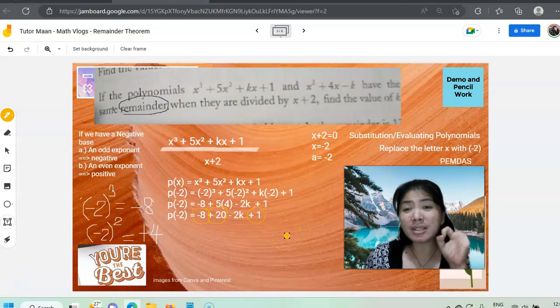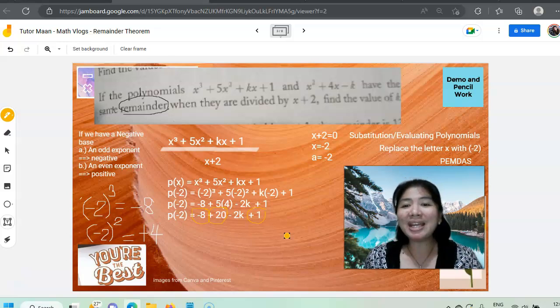So we have 3 constant terms. But then, in our standard form, we just need to have 1 constant term. So all we need to do is to combine the 3 constant terms by adding. So, negative 8, positive 20.